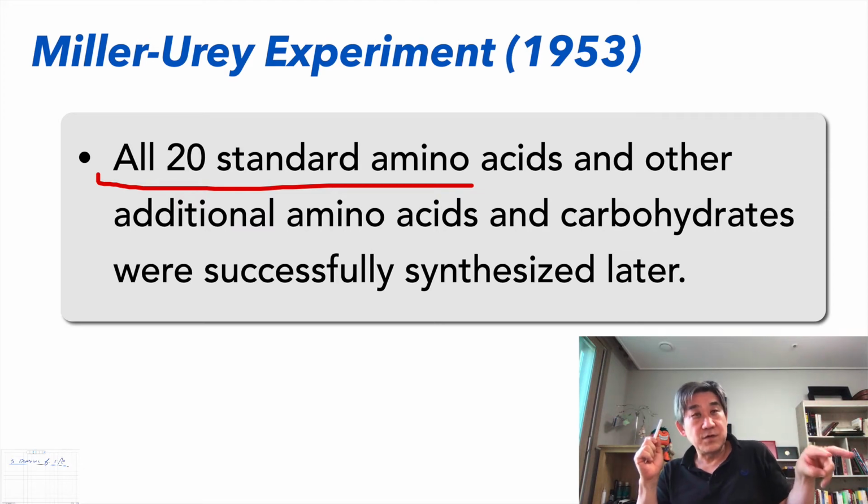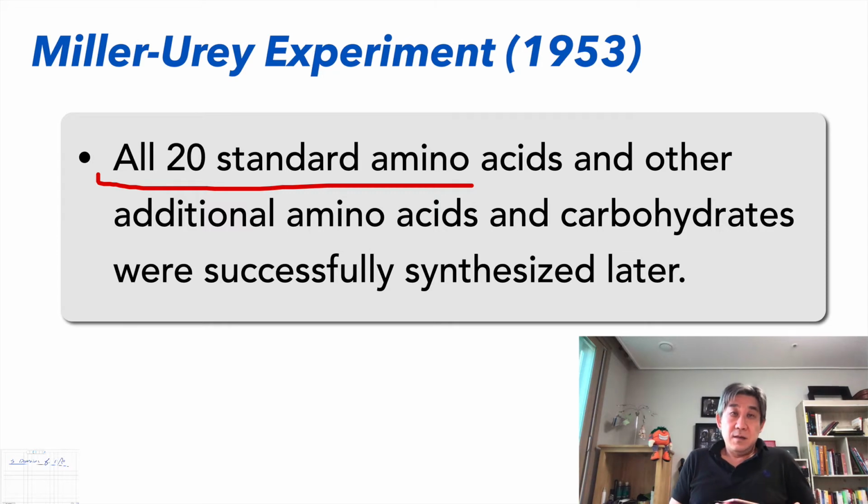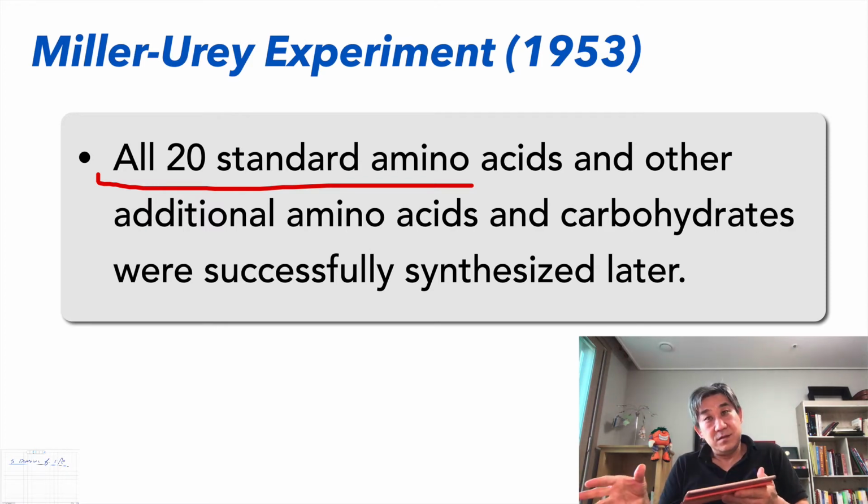And these 20 different amino acids were actually able to be synthesized in laboratory settings like this. That means all different amino acids can be spontaneously synthesized on the early primitive Earth.